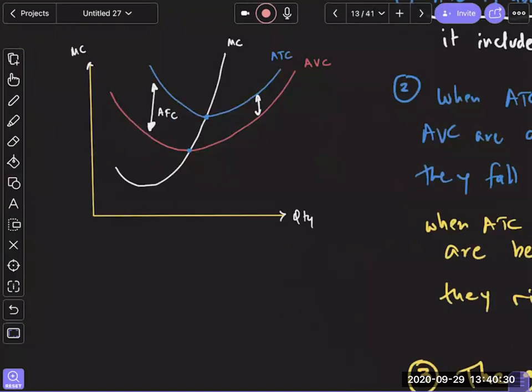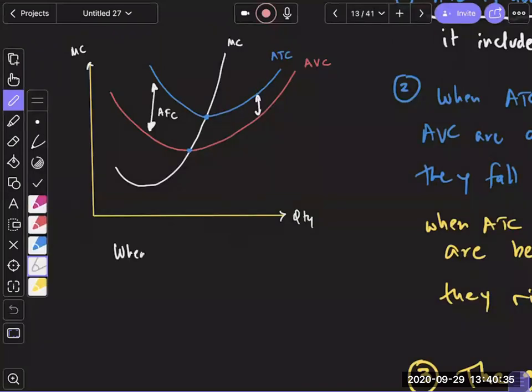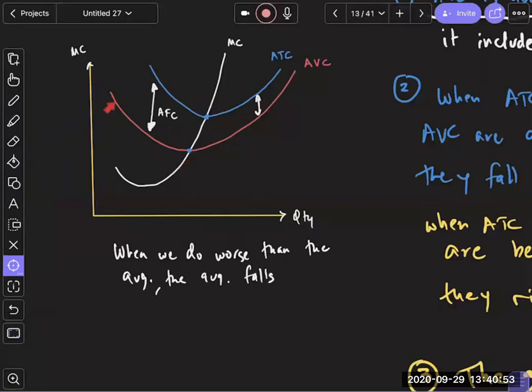The reason is about the average. Remember, we said this: when we do worse than the average, the average falls. When MC is below AVC, AVC is falling. Isn't that true, guys? When MC is below ATC, ATC is falling, right?